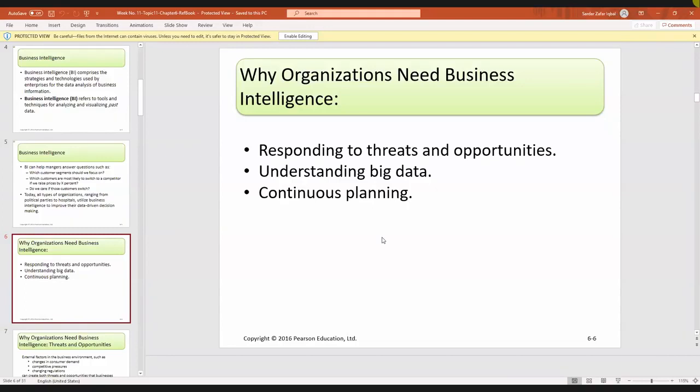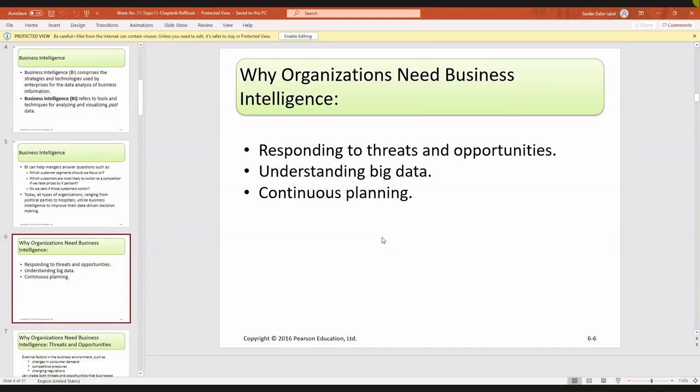Right? Are you getting my point, guys? Yes. So all these things are related with the data. Data is an asset. If you have good data, big data, you can be rich nowadays.